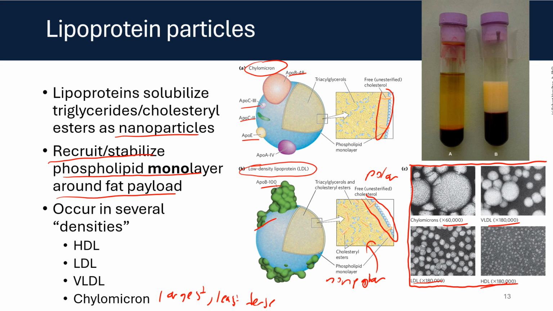And even so, the HDLs are barely discernible from the background. So the chylomicrons are the largest and least dense. HDLs are the smallest and most dense.